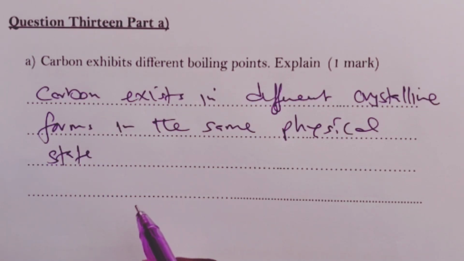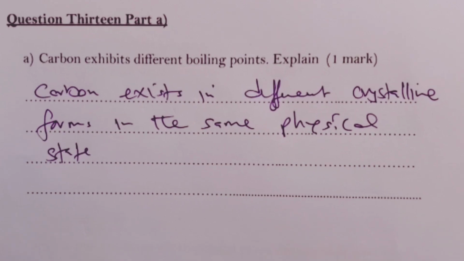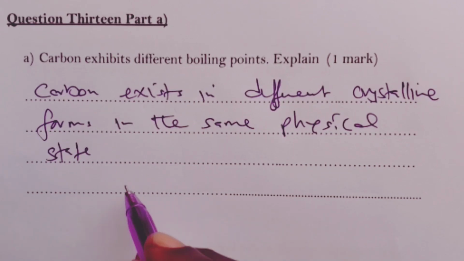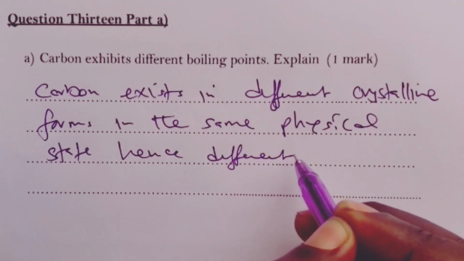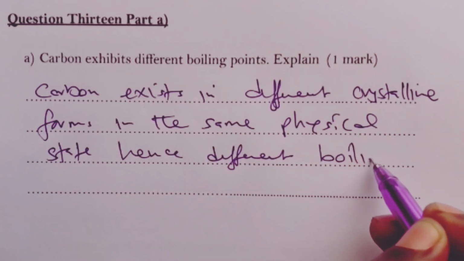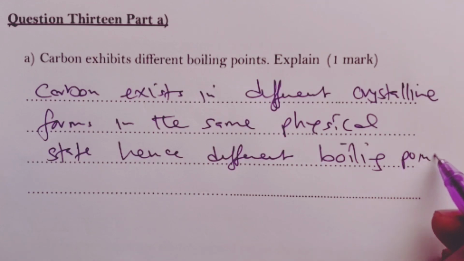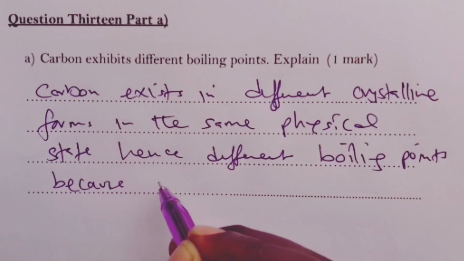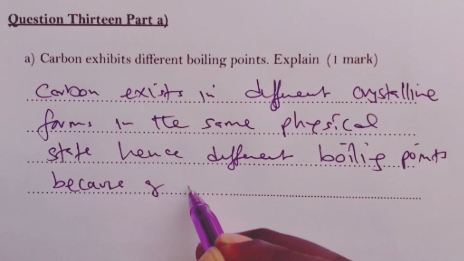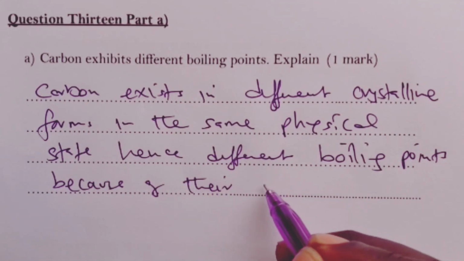So carbon exists in different crystalline forms in the same physical state, hence different boiling points, because the allotropes have different structures.